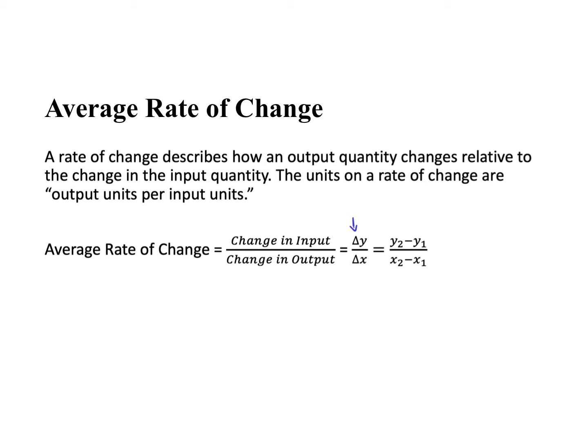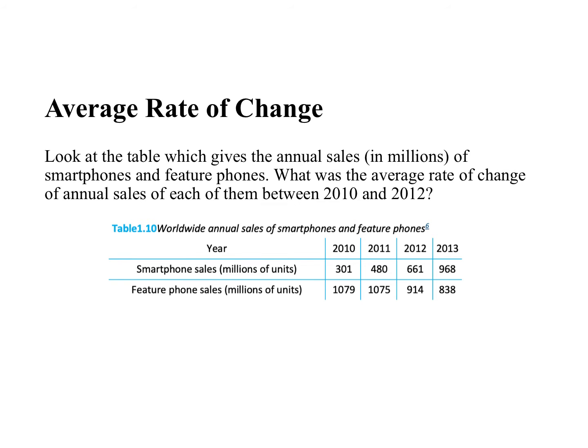Okay, let's take a look at a few examples. So here we have a function given to us as a table of values, and the function represents the smartphone sales and feature phone sales measured in millions of units over time. So you can think of time, the year, as your input value, the x values.